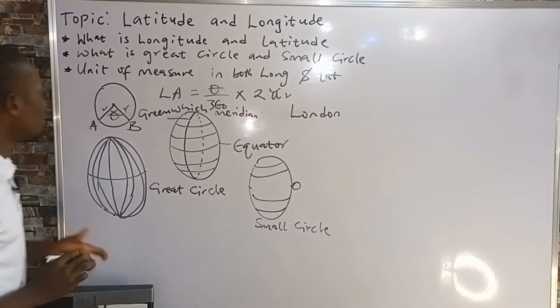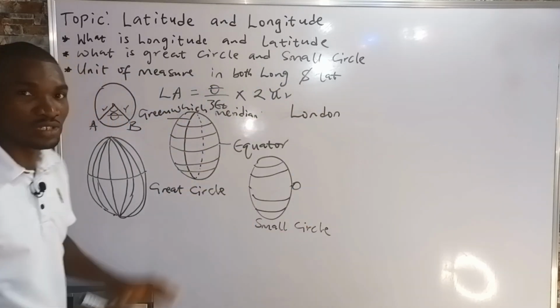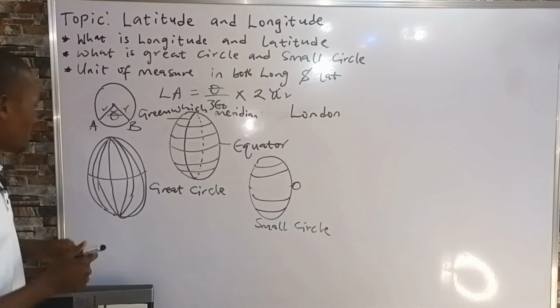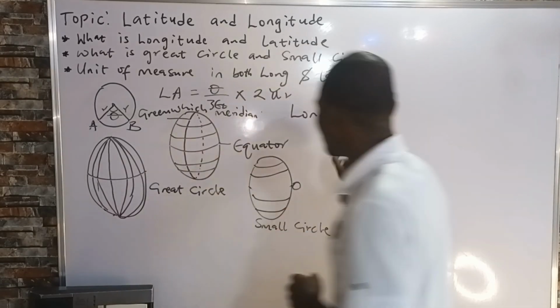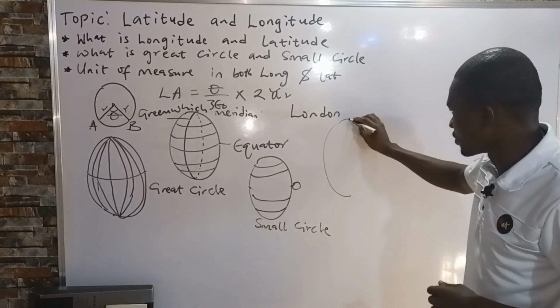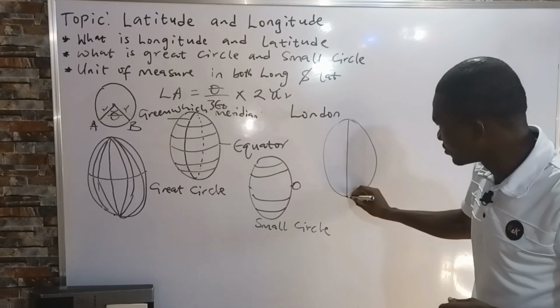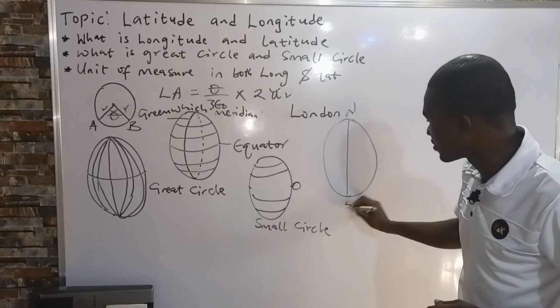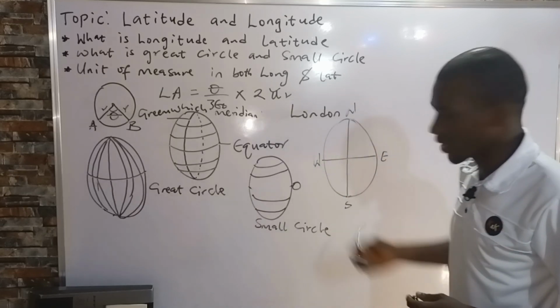All right, lastly, let's look at the unit of measuring longitude and latitude. It is very simple. If you want to understand that better, we are going to represent it with a structure of the 4 cardinal points. This is a sphere, with 4 cardinal points, which are north and south, and then these, which are east and west.